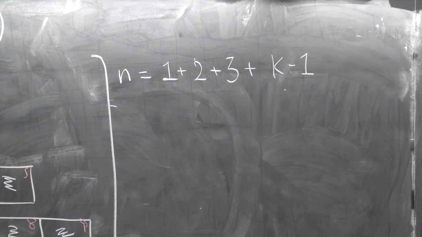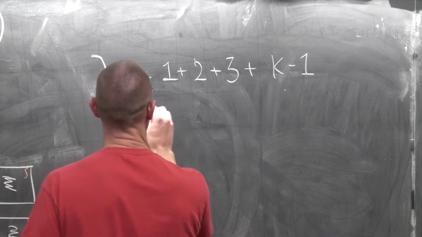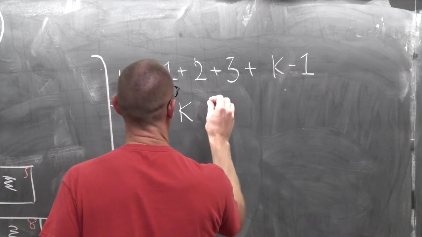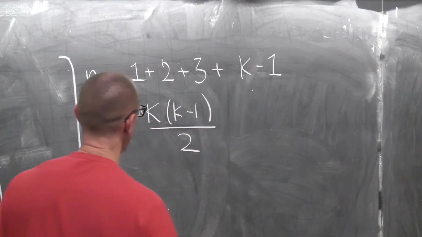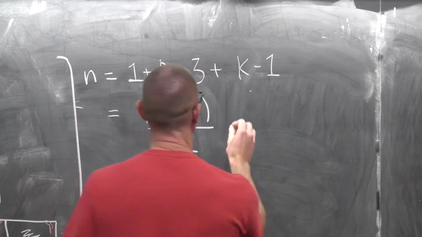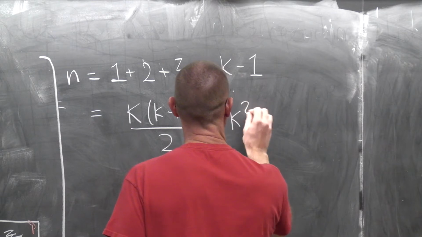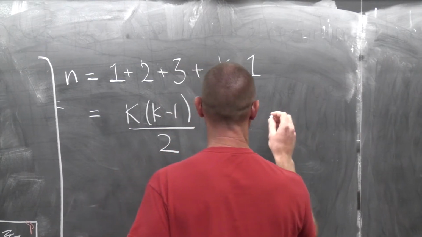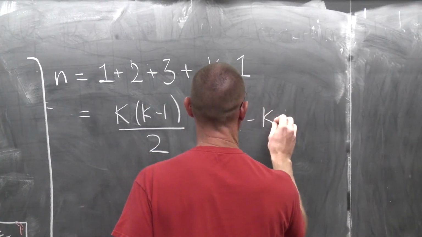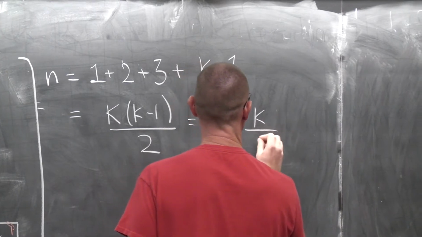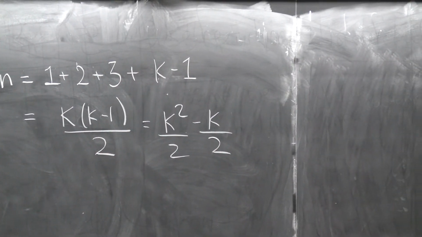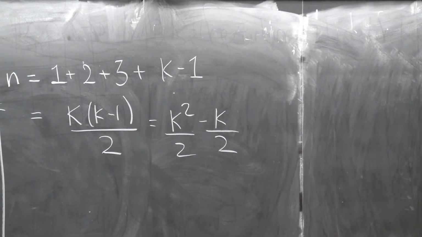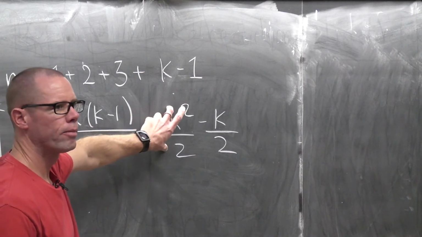Yep, divided by 2. This is equal to k times k minus 1 divided by 2. A nicer way to say that is that this is k squared minus k, and I'll even separate those things out. So the important thing here is the k squared.